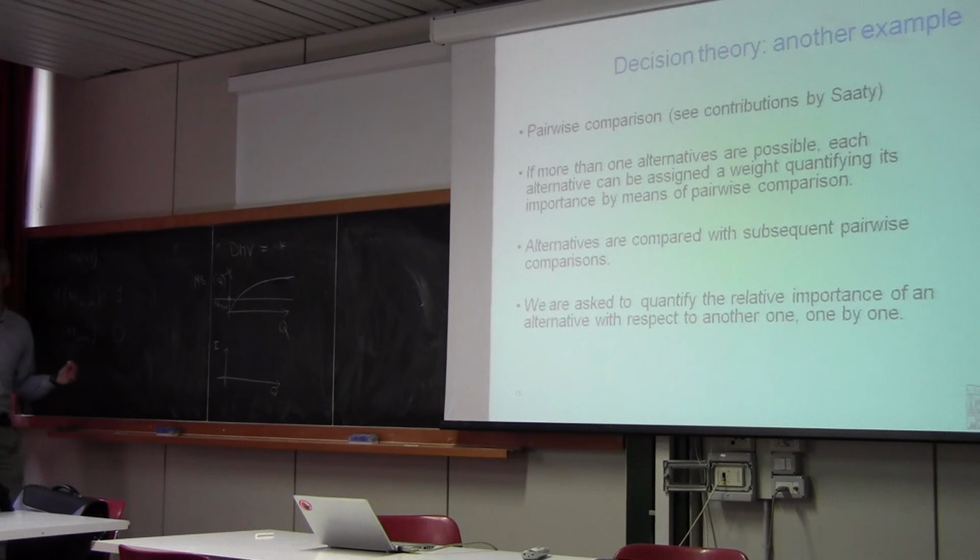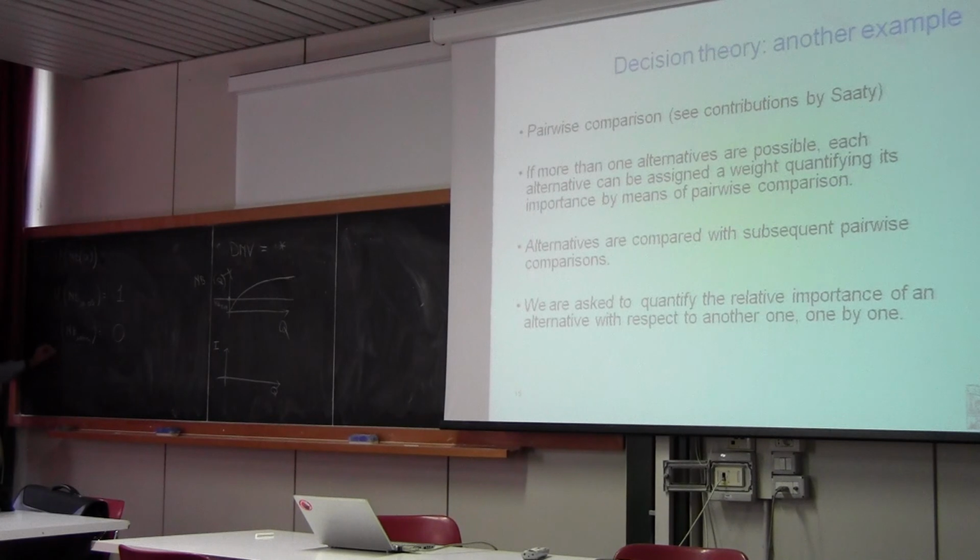Because an investor could say, if you don't give me at least this benefit, I don't invest the money. So then you give 0 to this benefit. And you have a condition to satisfy. The derivative of the utility with respect to the benefit should be so the utility must be a non-decreasing function of the benefit.